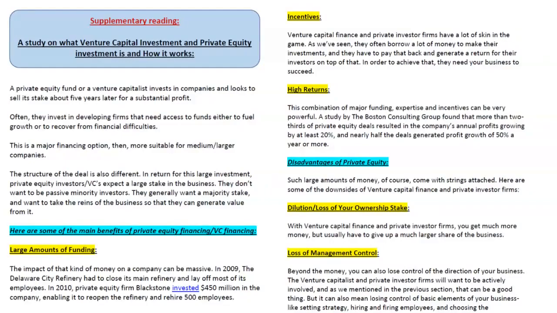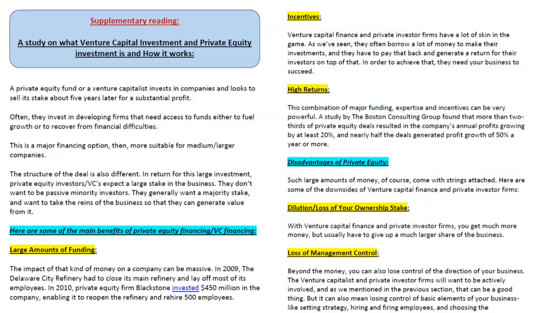So a private equity fund or a venture capitalist invests in companies and looks to sell their stake in about 5 to 10 years for a very substantial profit. That's their mindset. Often they invest in developing technology or developing companies like ours, TreadCushy. This is a major financing option for small companies like us.